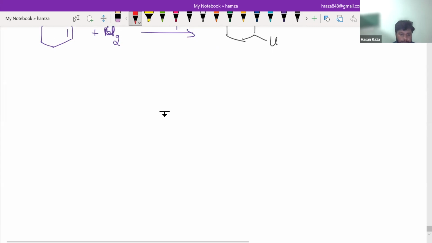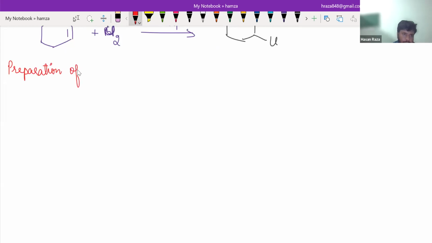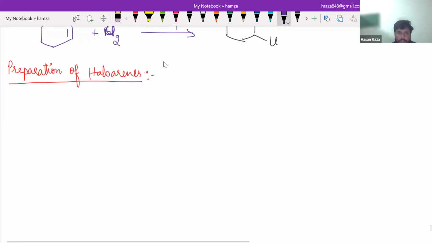Now write a topic: Preparation of Haloarenes. So see how we are going to prepare haloarenes. Since this is arenes, that means benzene, we are going to take a benzene type compound as reactant.